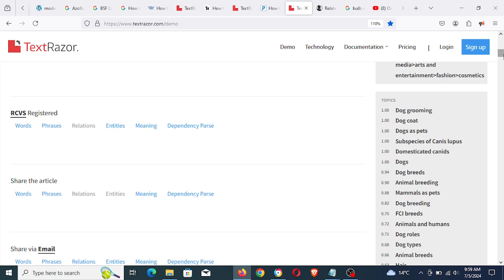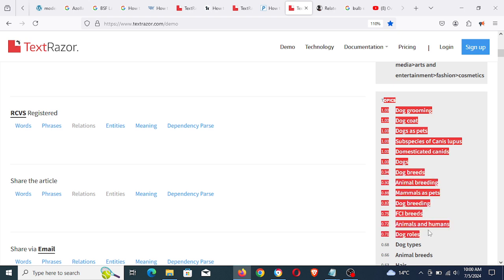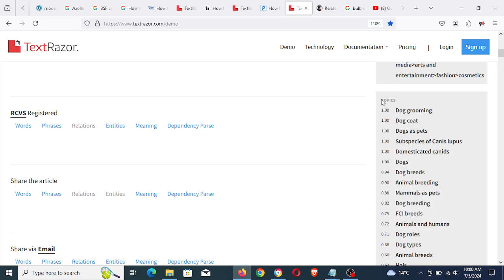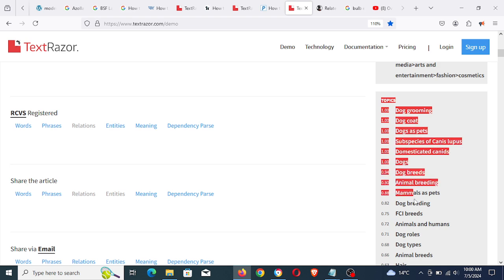Look at the topics: dog grooming, dog coats, dogs as pets, subspecies of Canis lupus, domesticated canids, dogs, dog breeds, animal breeding, mammals as pets, dog breeding, FCI breeds, animals and humans. You can see most of the major topics are about dog breeds. So the NLP entities are showing that this article is about dog breeds.